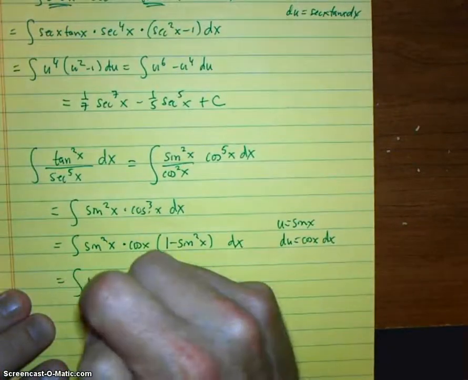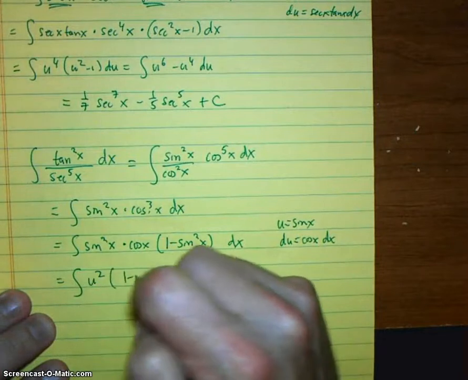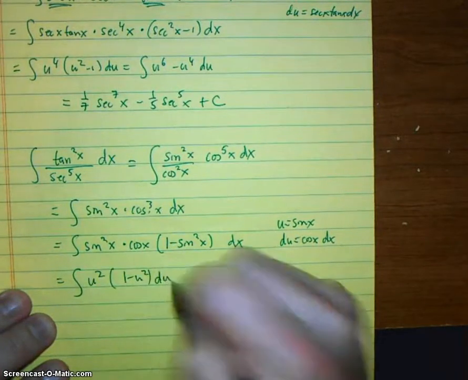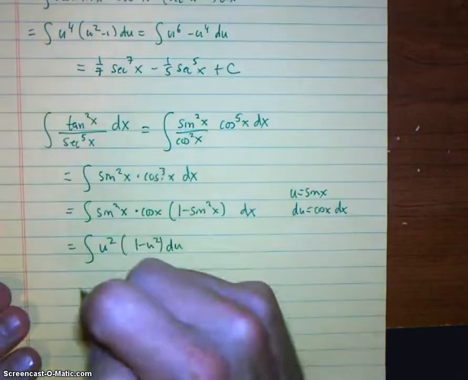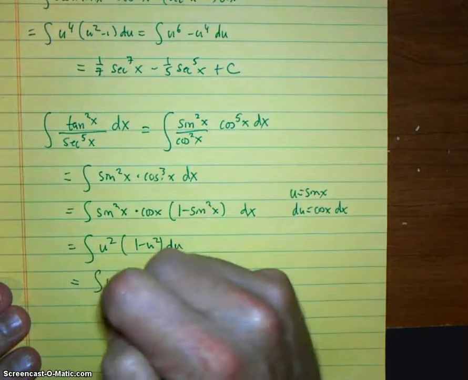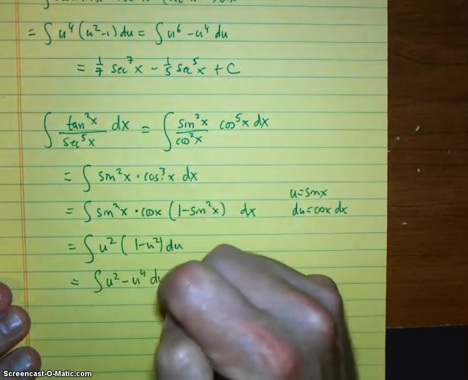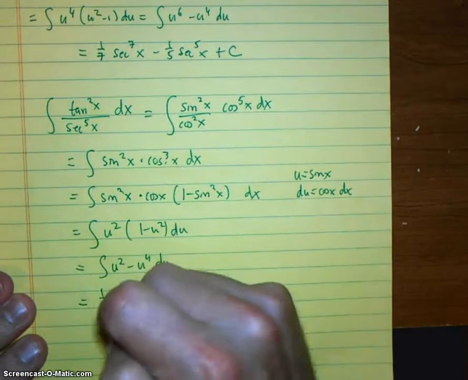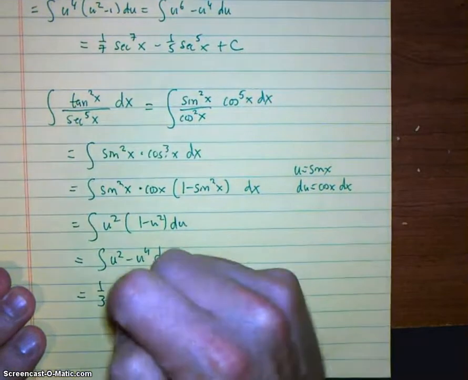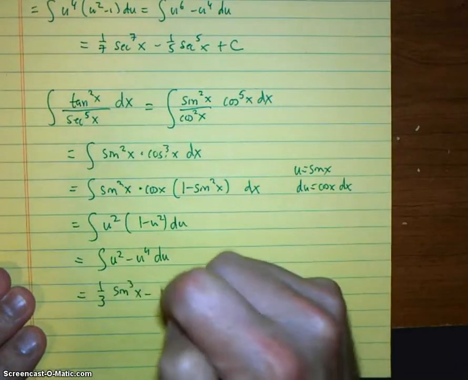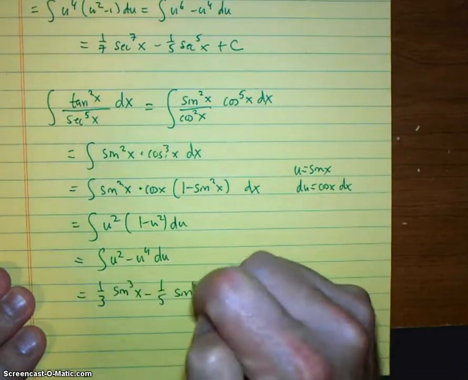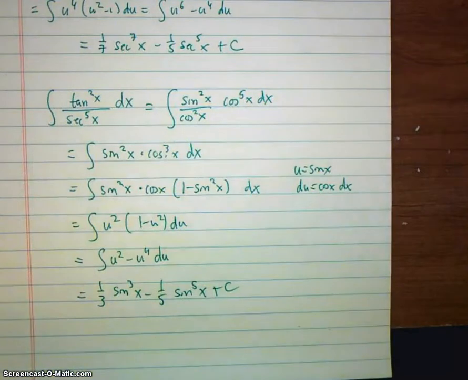So this becomes u squared times 1 minus u squared du. And from here, pretty straightforward. Integral of u squared minus u to the fourth du. So final answer is 1/3 sine cubed x minus 1/5 sine of the fifth x plus c.